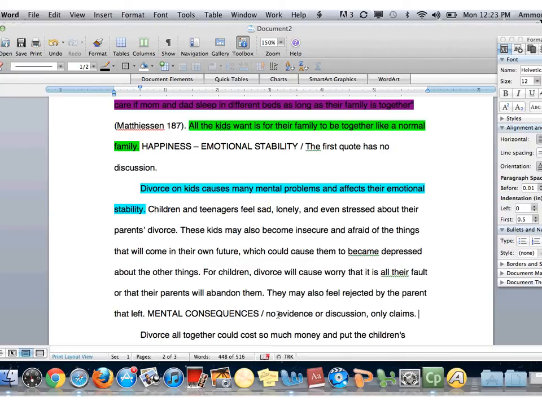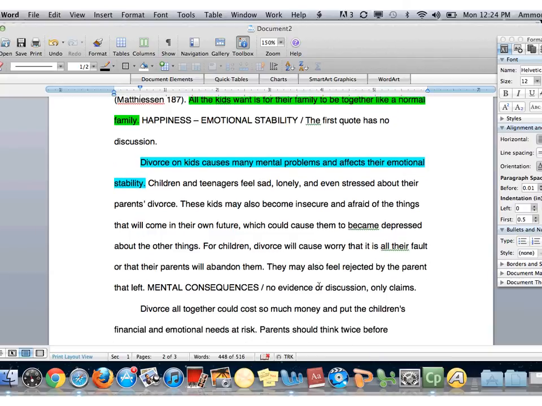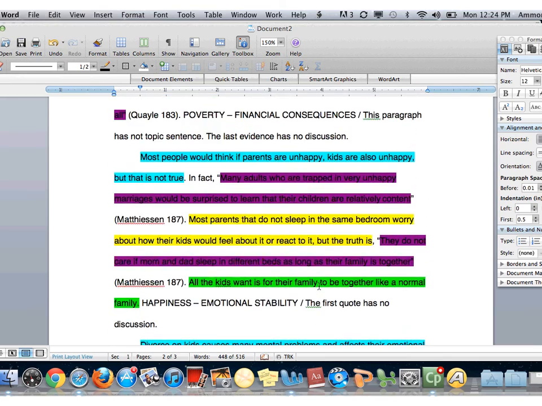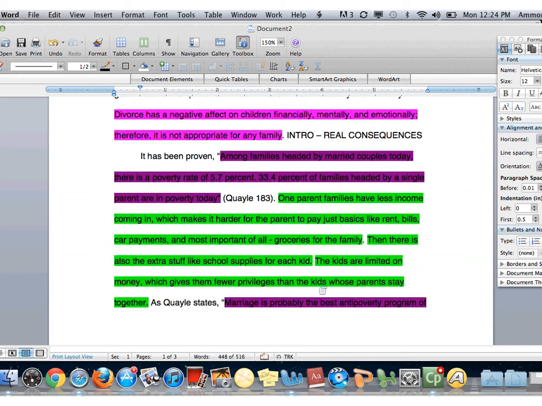Now remember, when we were reading through this, it sounded fine. Just the fact that it can flow, that it sounds coherent, that's not all there is to this. We got to make sure that every component is in every part. So because we've done this now, of course the conclusion doesn't need to have any evidence of its own, so we won't worry about that.